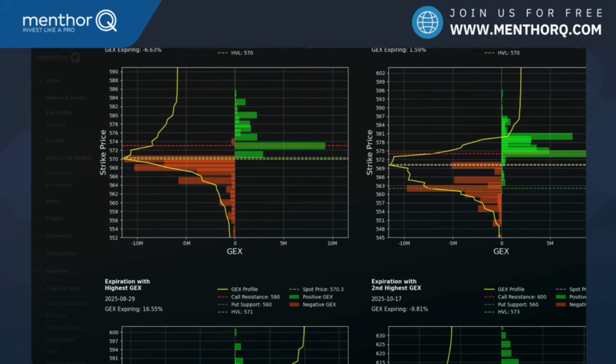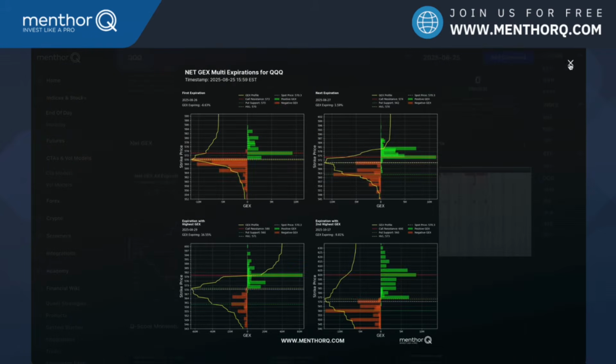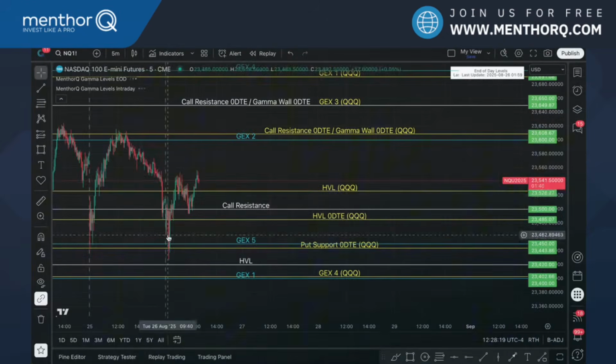So when I formulate my thesis and I go back into my chart, I can say, okay, we have a very strong bearish candle here. We broke through the IVO level, so we are breaking through the gamma condition level for QQQ. And then we have our next level, which is here.